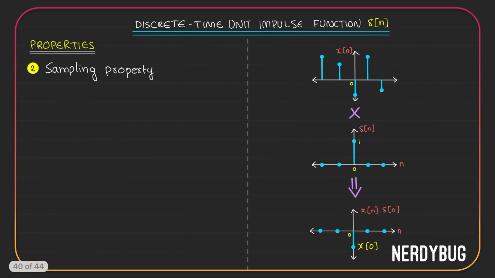The next property is sampling property. Let us say I have a function x of n as shown over here, and I want to sample it at n equal to 0. What I will do is I'll take a delta of n which only has value at 0, then I will take the product, and then the product will have value at 0, and its magnitude is going to be the magnitude of the original function x of n at that point as shown over here in the graph.